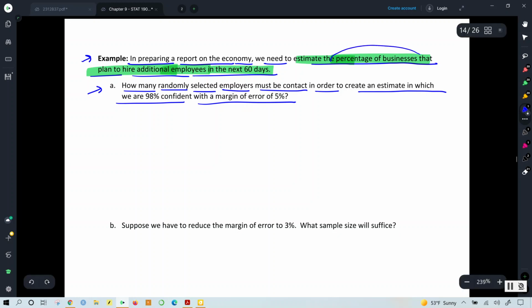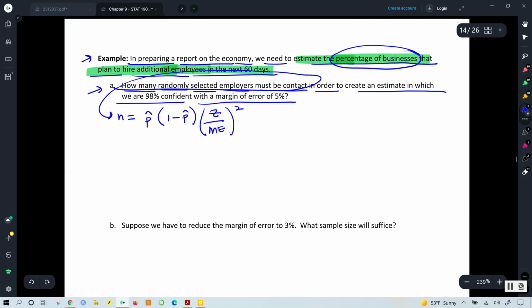Since this question is about estimating a proportion, and we're trying to find a sample size, we're good to use this formula: Z over the margin of error, all squared, times 0.5, since we do not have a prior estimate, times 1 minus 0.5.